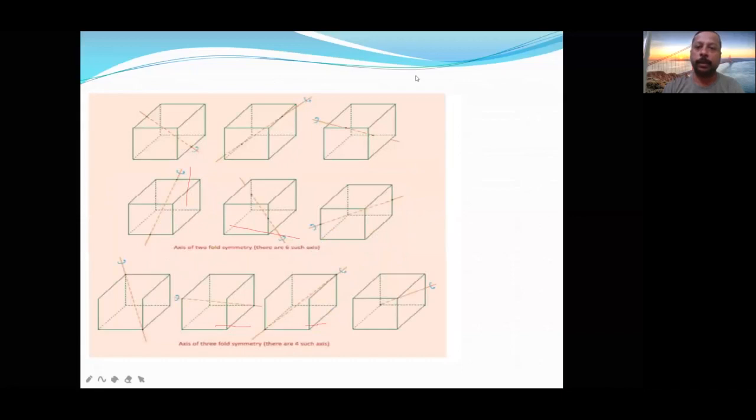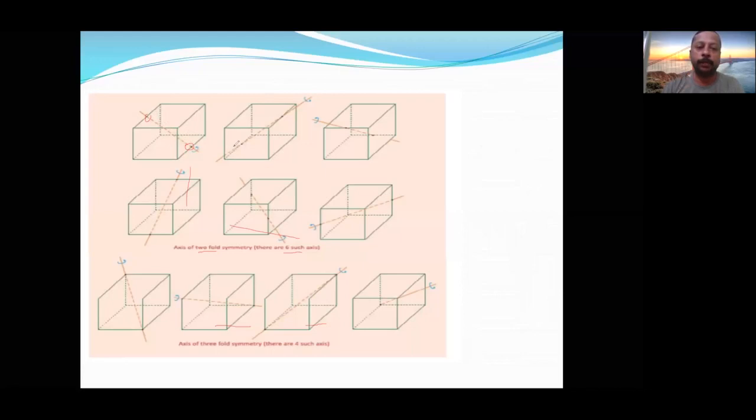Next one, here, see, these are the twofold axes of symmetry. How many are there? Six such axes. The twofold axes of symmetry will be passing through the edge centers available diagonally opposite.